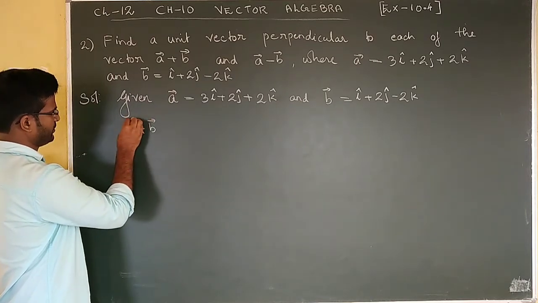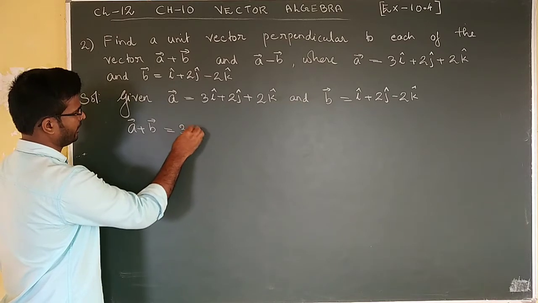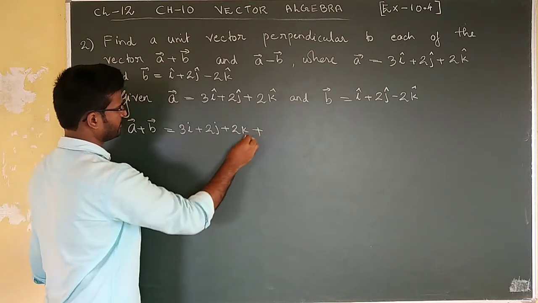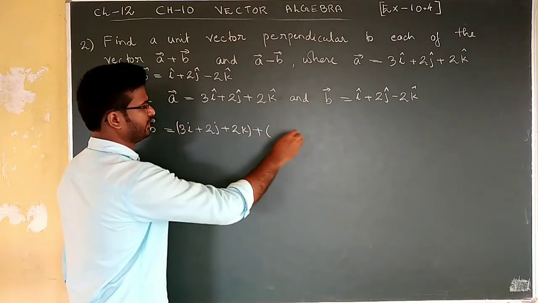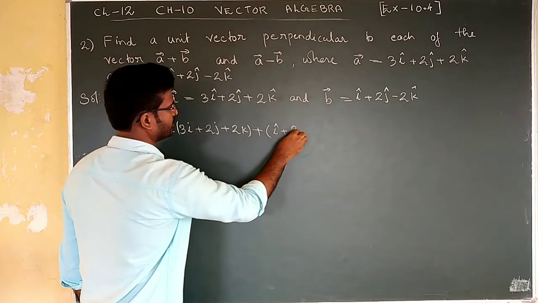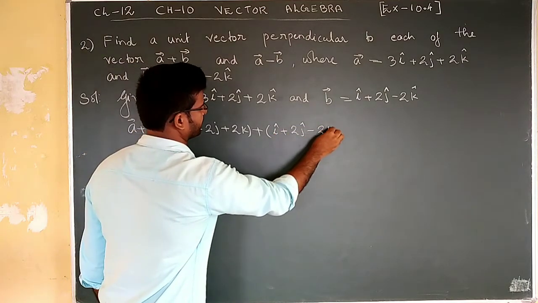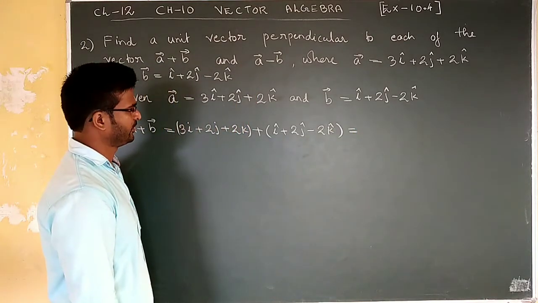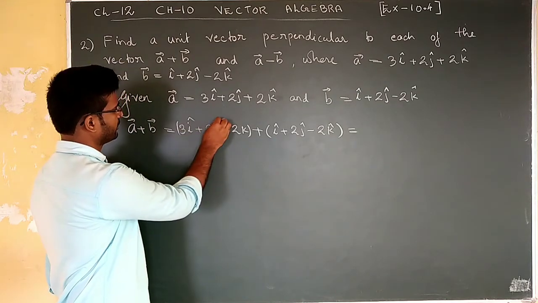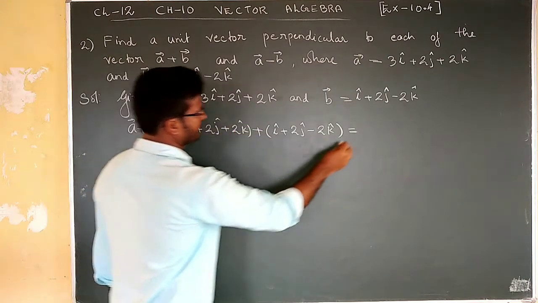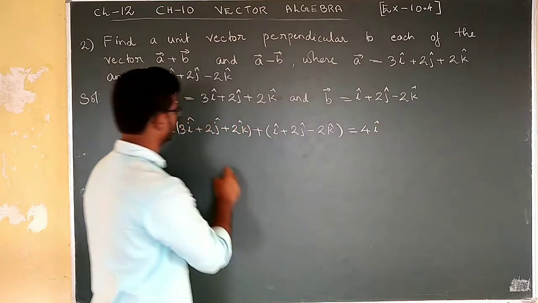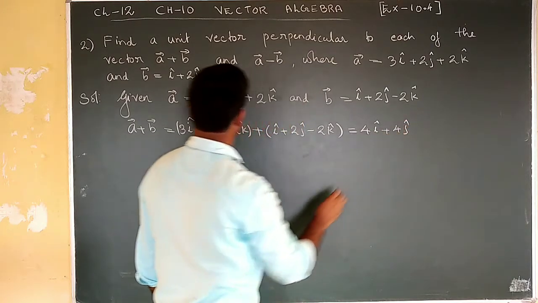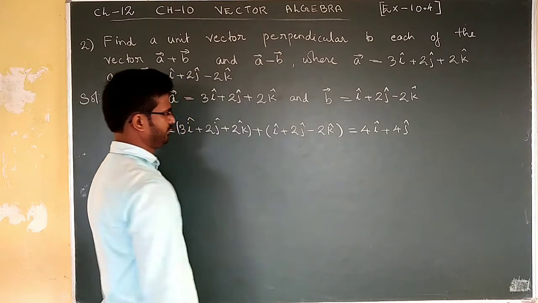A plus B vector first we can find out, that is 3i plus 2j plus 2k plus B vector, which is i plus 2j minus 2k, equal to, we can add corresponding terms, that is 3i plus i, 4i, 2j plus 2j, 4j, 2k minus 2k, that will be 0, isn't it?